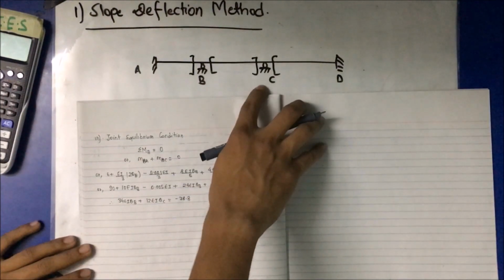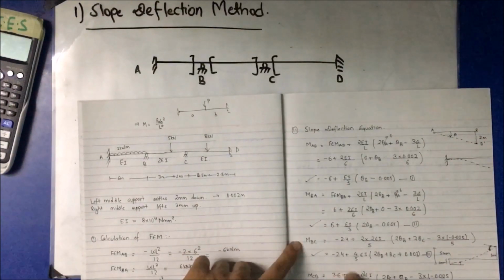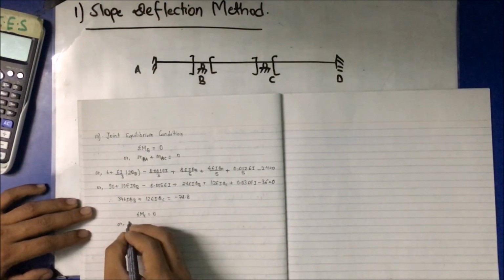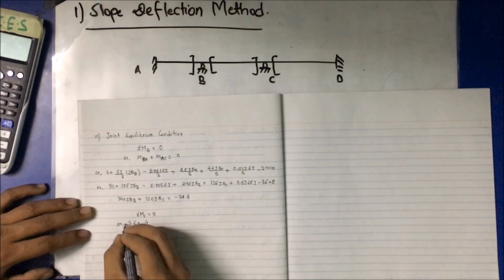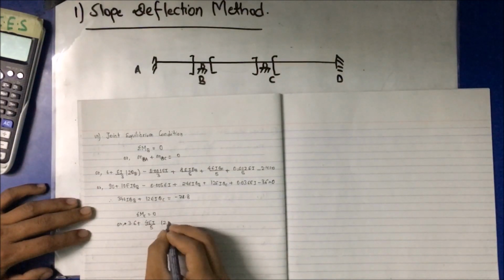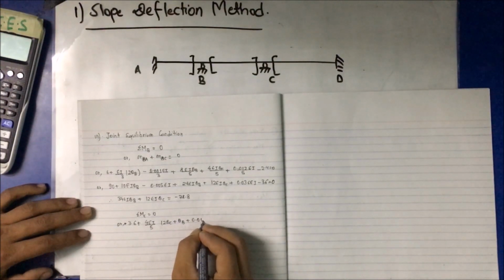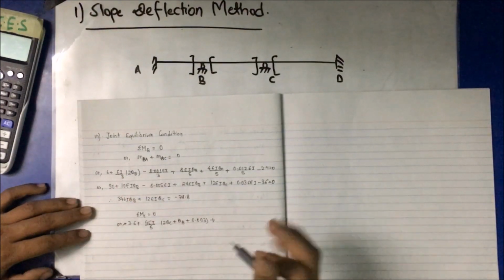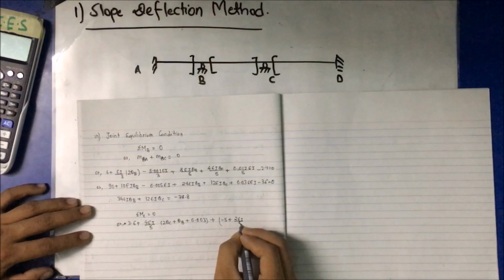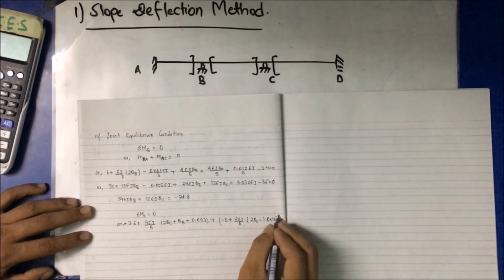Now at joint C, we had MCB and MCD. MCB being minus 3 plus 4 EI by 5, 2 theta C plus theta B plus 0.003, plus MCD, now minus 5 plus 2 EI by 5, 2 theta C, theta D was 0, so minus 1.8 into 10 to the power minus 3 is equal to 0.